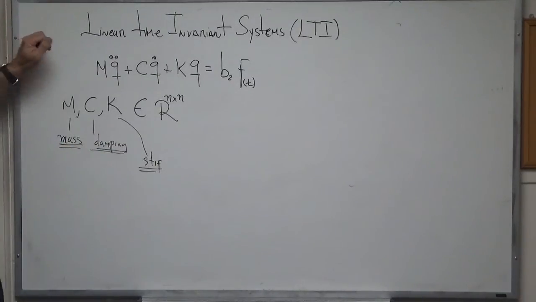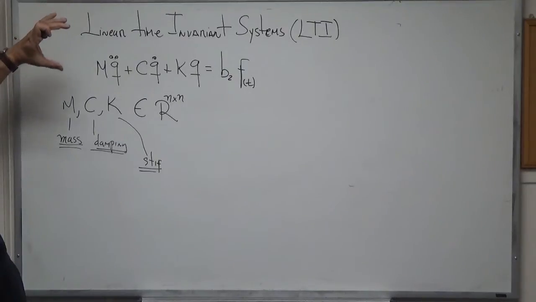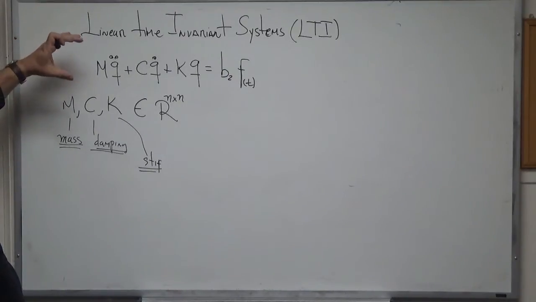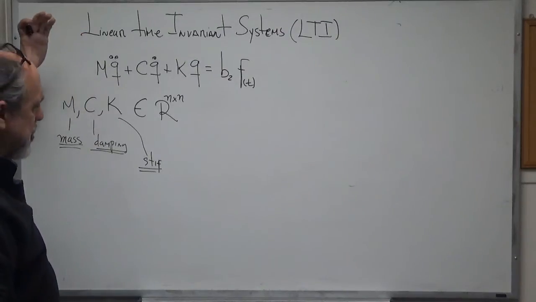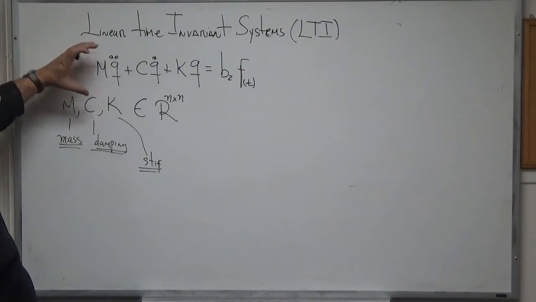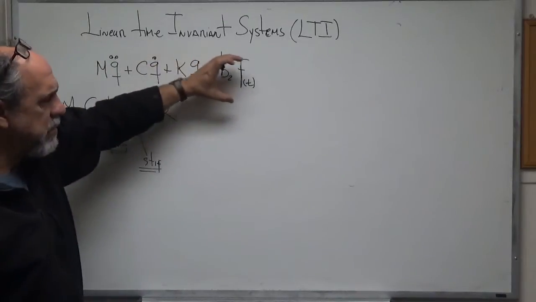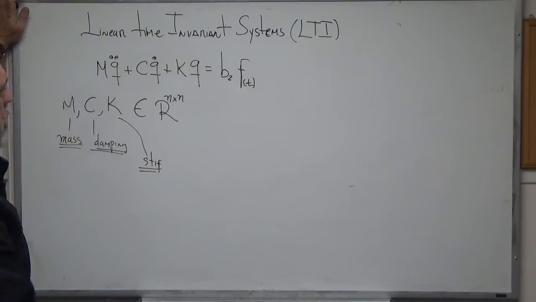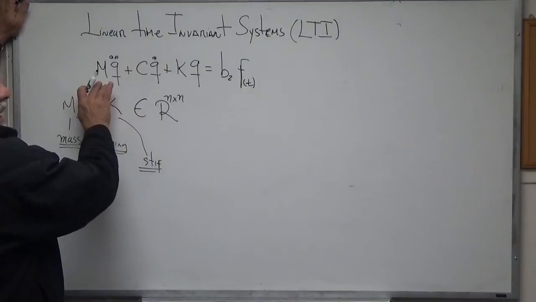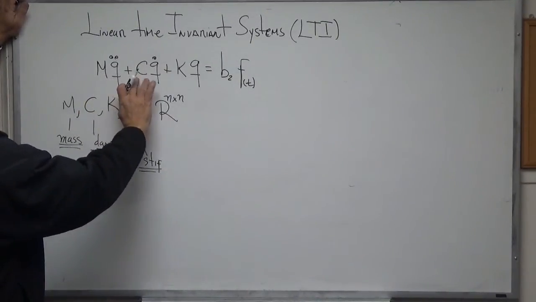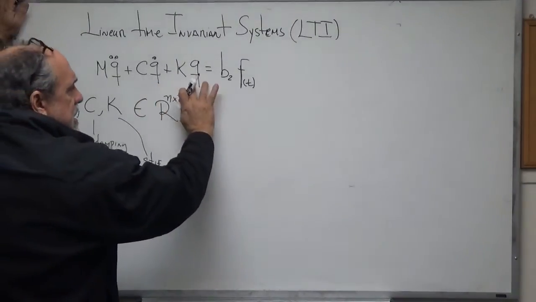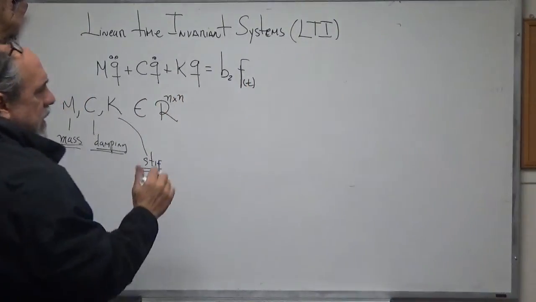You can still follow that a large subset of structures can be described, the dynamic equilibrium can be described by this set of equations, which is a second order linear differential equation set, right? Mass times accelerations, damping times velocities, stiffness times displacements equal loads.